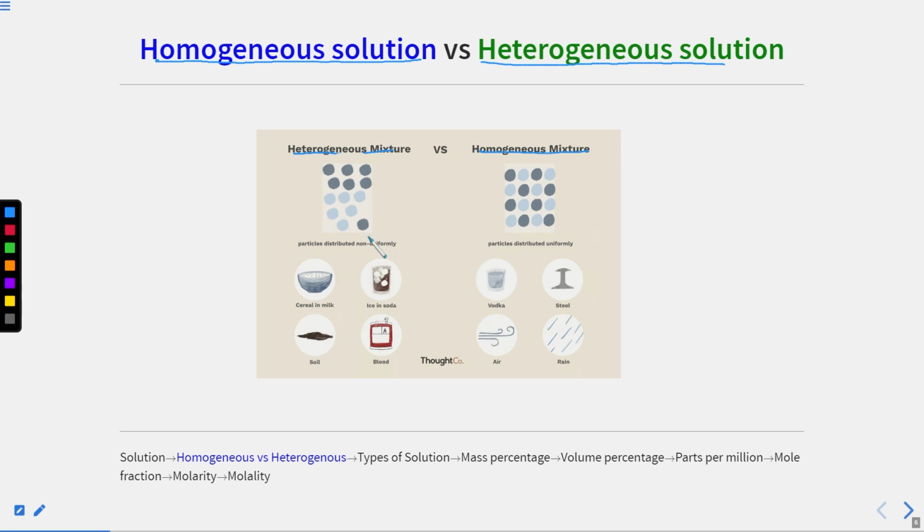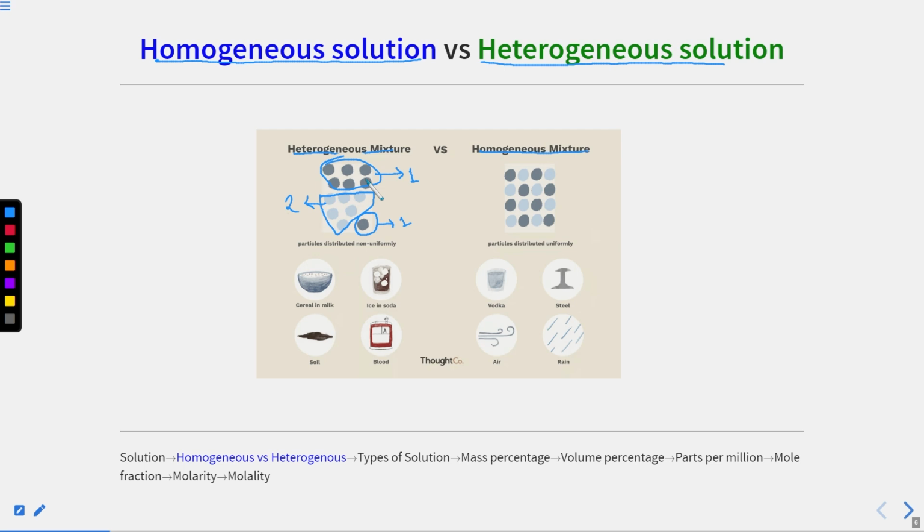Suppose the mixture is made up of 2 components. Here you can see the dark gray circle is representing component number 1, and the light gray circle is representing component number 2. You can see here that the accumulation of component 1 is more here, while the accumulation of component 2 is more here and the accumulation of component 1 is less here. Only one particle of component 1 is present here, but here component 1 is present in excess amount.